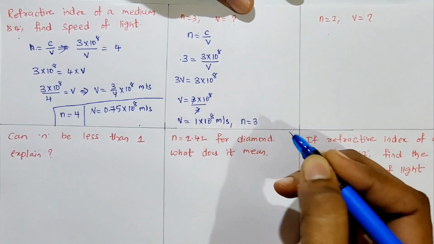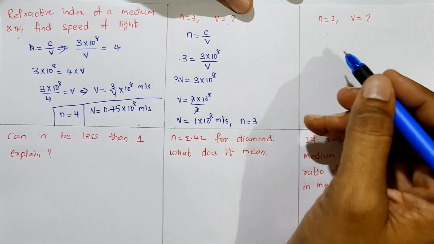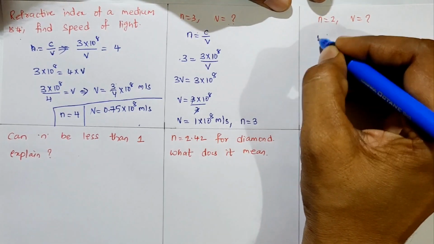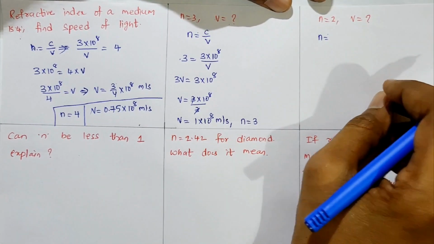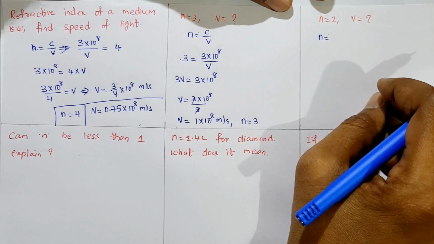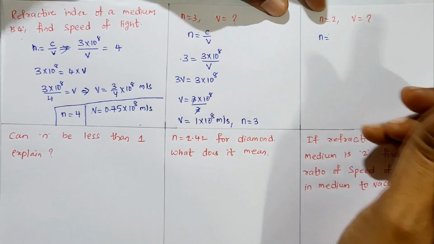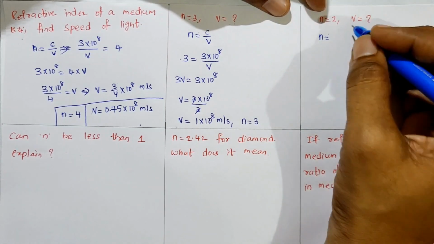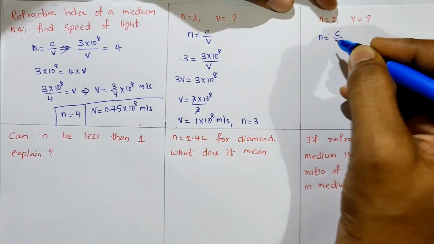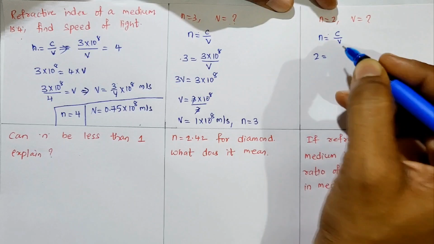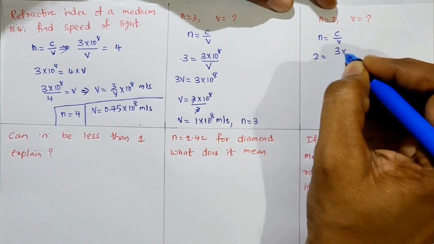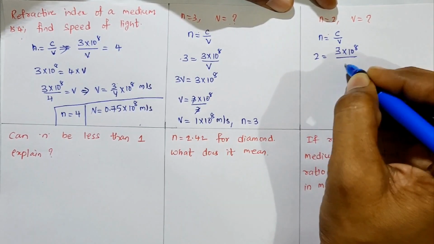n is equal to 3. Let us find out for this now. n is equal to 2. This question you need to solve now. Pause the video and solve on your own and try to get the answer. Now I am going to solve. n is equal to c by v. 2 is equal to c, which is 3 into 10 power 8, divided by v.